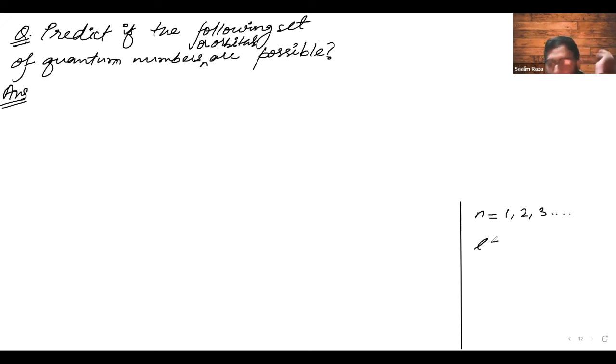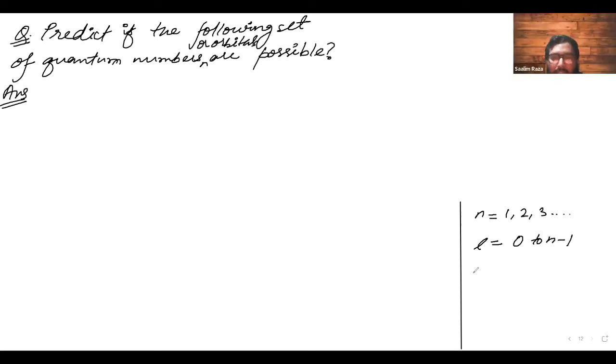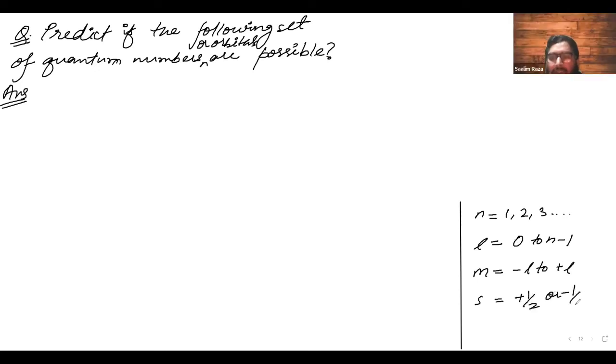What will be the possible values for L? 0 to n minus 1. For M, it will be minus L to plus L. For S, the values are plus half or minus half. As soon as you get this question, make a line here and write all these four statements.